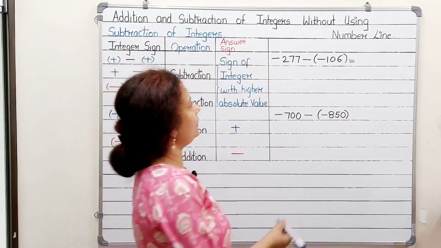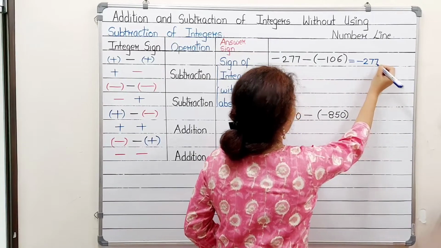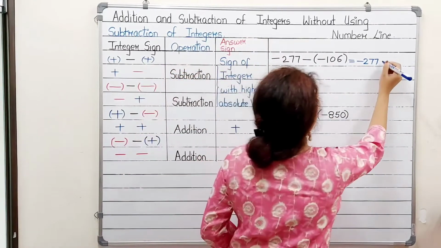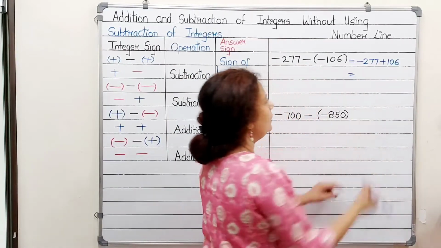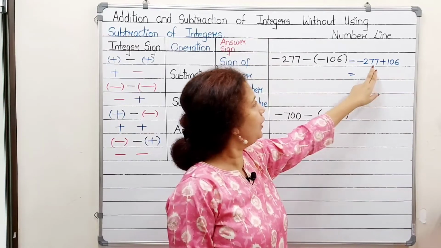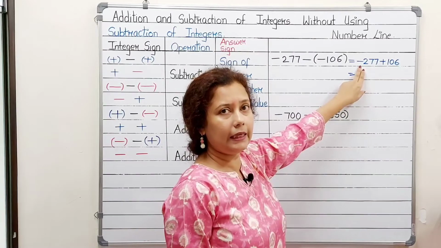The first integer is minus 277. Minus minus becomes plus. So plus 106. Here 277 is a higher absolute value. So this integer is having a negative sign.